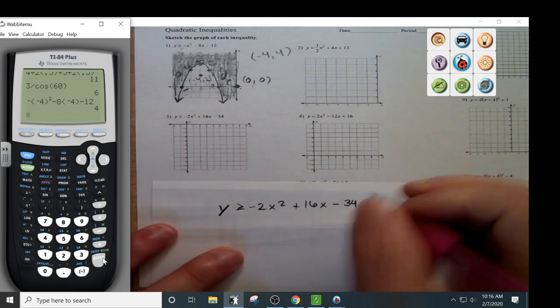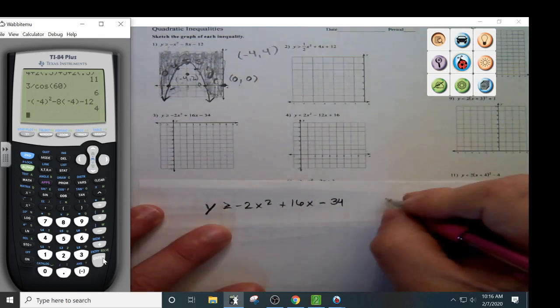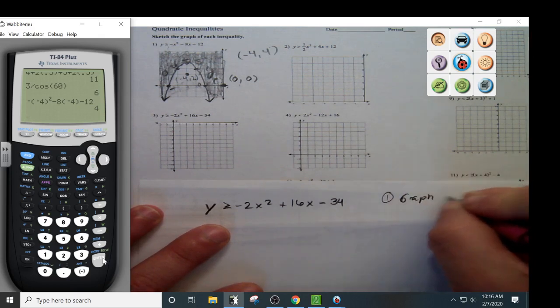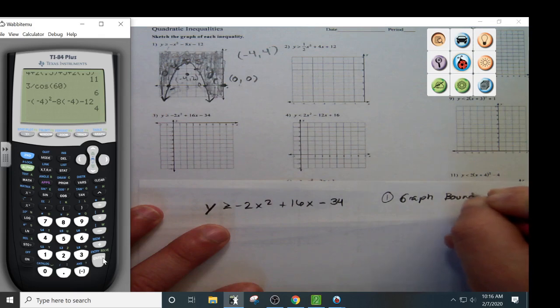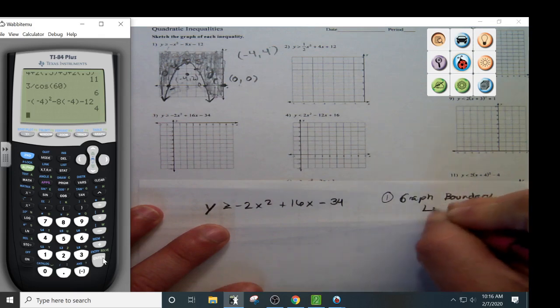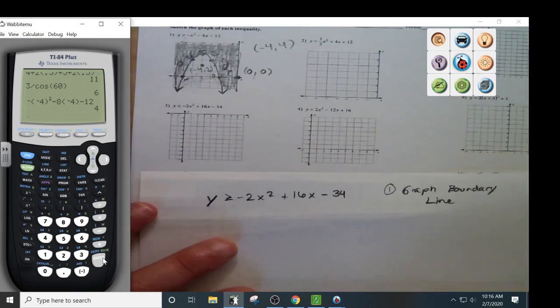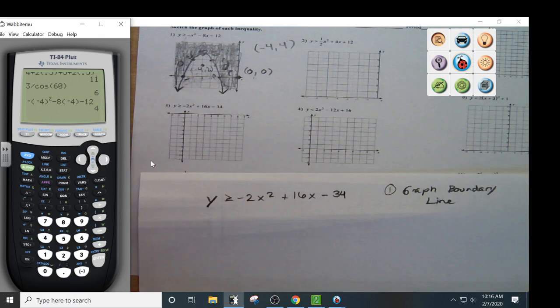Now the first thing you need to do is graph your boundary line. And guys, your boundary line is just your function. All right. Now, so we're going to graph it first. So we're going to put it in the calculator.